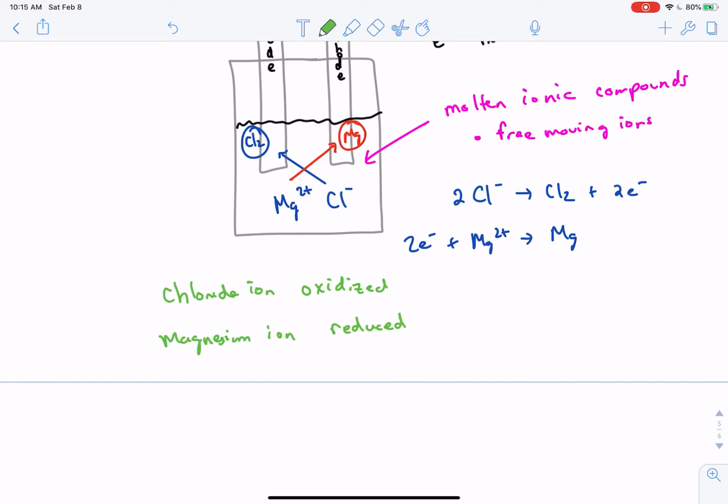I guess theoretically, if it's exposed to air, it could oxidize based on the heat. But I'm not sure how the conditions are set to prevent that. I think the magnesium is probably going to build up at the bottom within the molten, so it's not going to be exposed to air. If it's exposed to air, then it's probably going to oxidize. So it'll probably be plated around the bottom of the cathode.